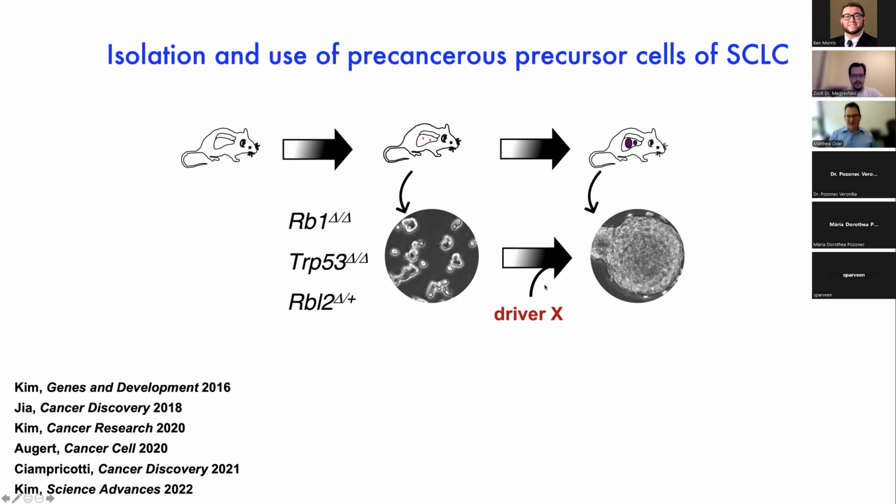The idea there is that you can then use genetic manipulations to either knock out, one by one, different candidate drivers of interest, or do higher throughput CRISPR screening, a nice example of which was in Arnaud Augert's paper in 2020, where they looked at what would drive transformation at a genome-wide scale.